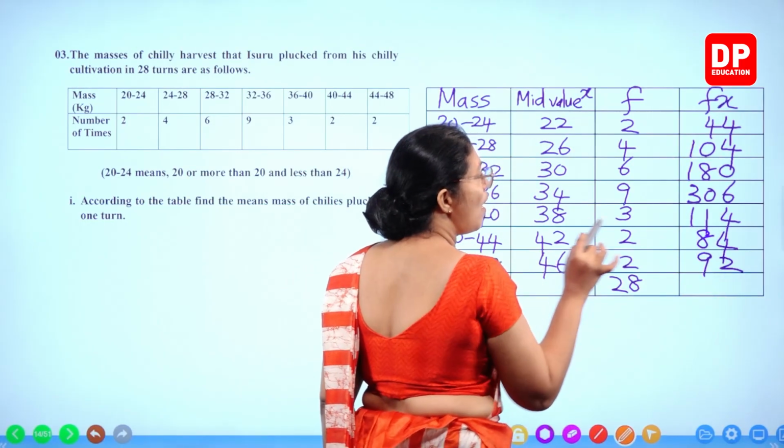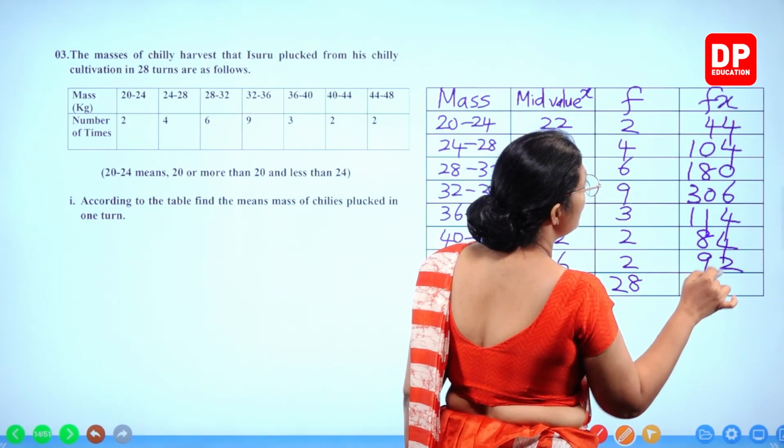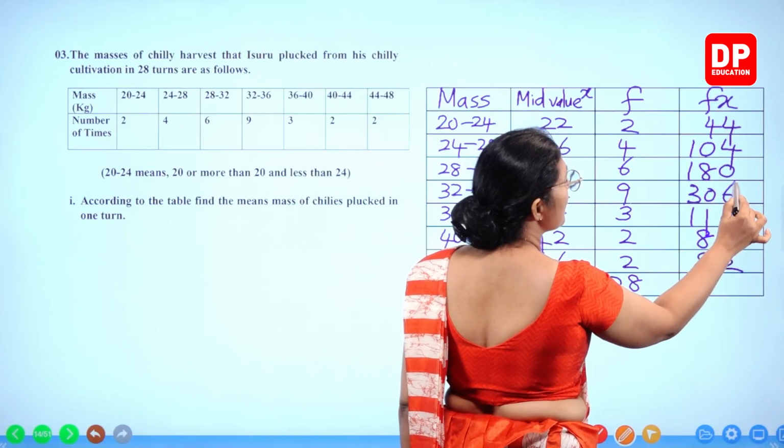Now we'll add the whole fx values. 4 and 4, 8. 18.